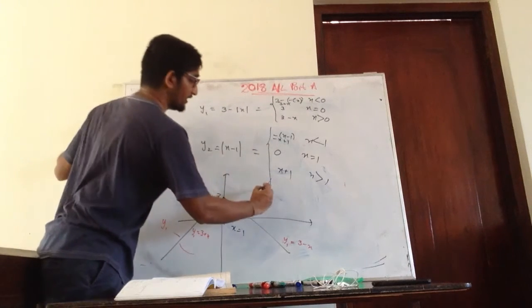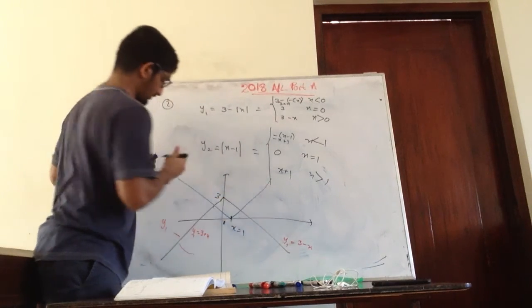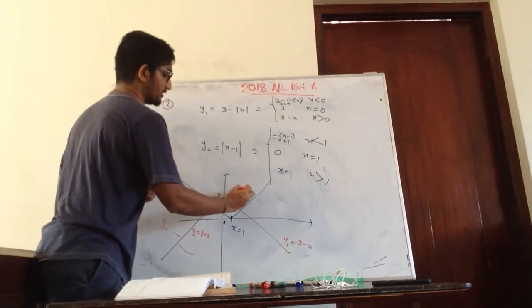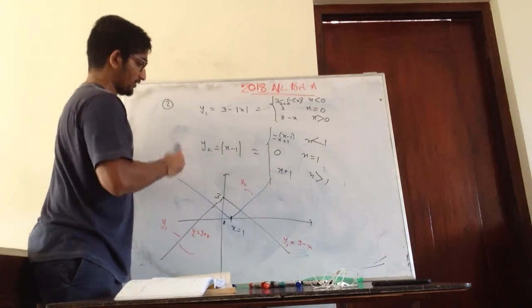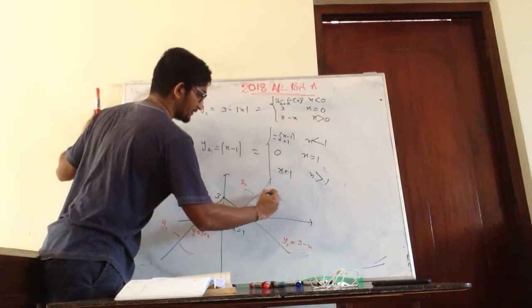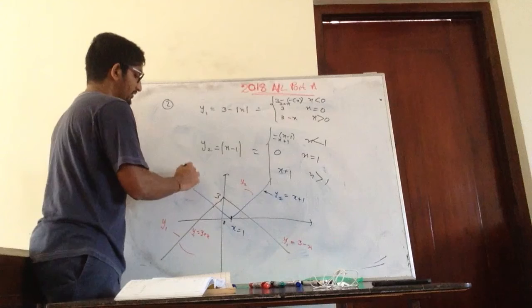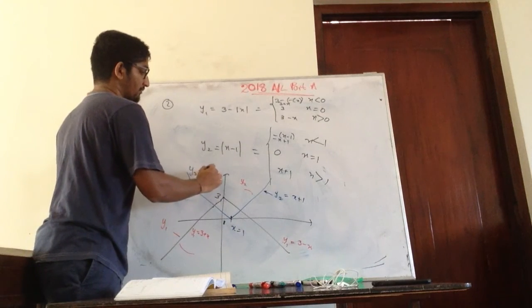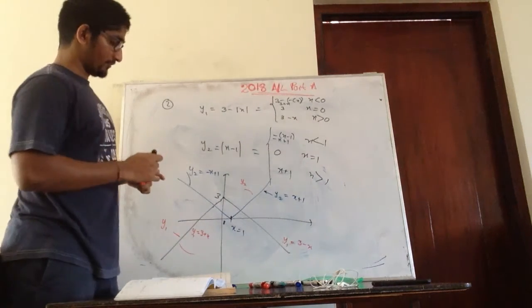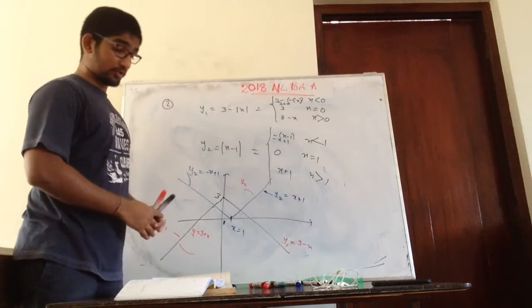Right, so here more specifically, this is basically y2, and this is y2 equals x minus 1, and this is y2 equals minus x plus 1. And so this is the graph we need to draw.